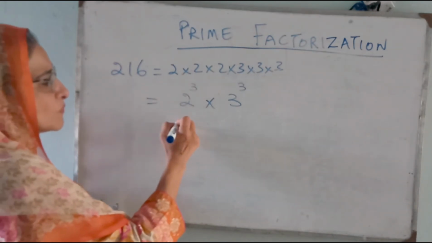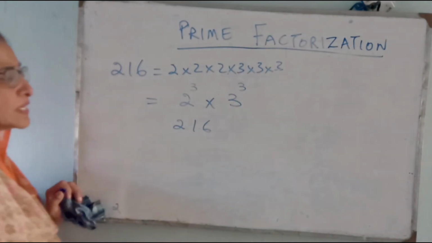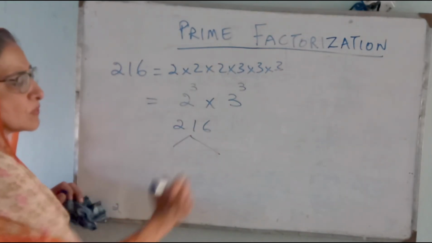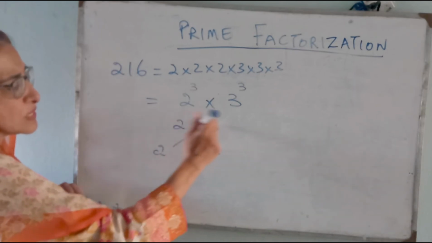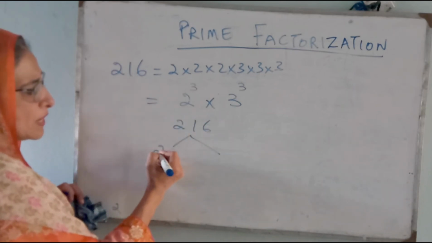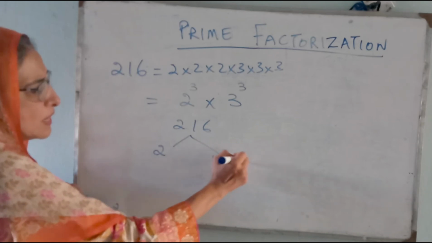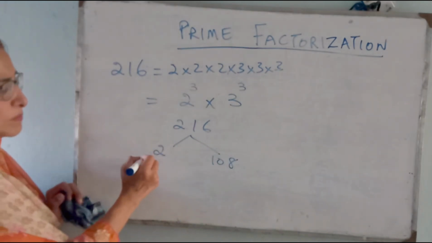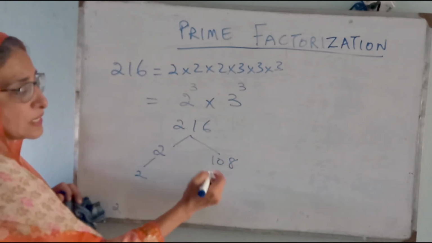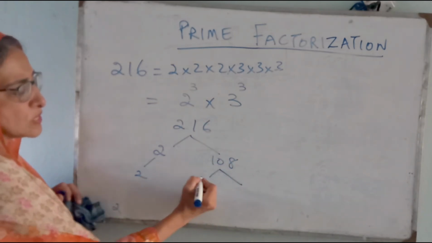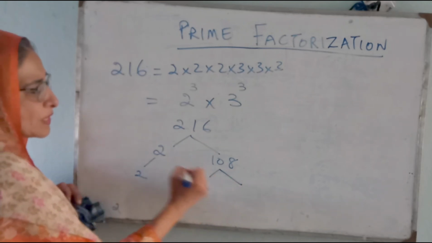If I want to do it in the form of a factor tree, I will take 2 branches of this number. This will be 2, and when this 216 is divided by 2, my answer will be 108. I cannot divide this 2, so this is going to come as it is. This I can divide, so further 2 branches, and it will be 2.